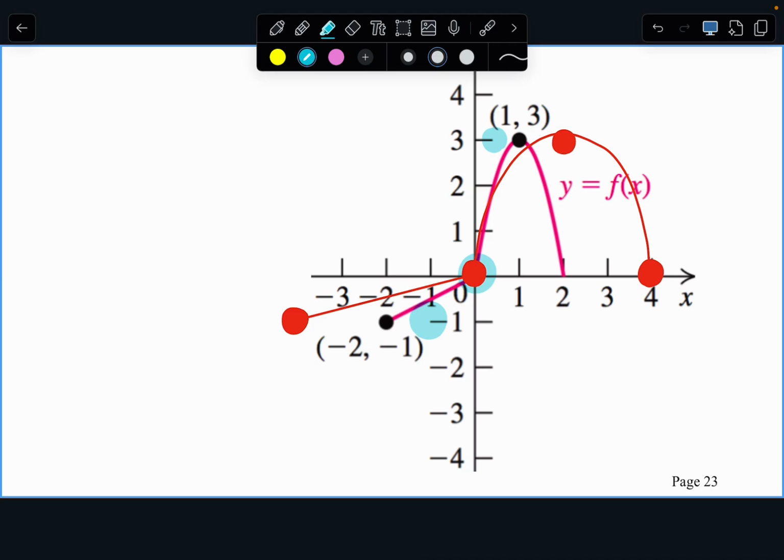And instead of 2, 0, it's 1, 0. So when we connect these, it's squished.